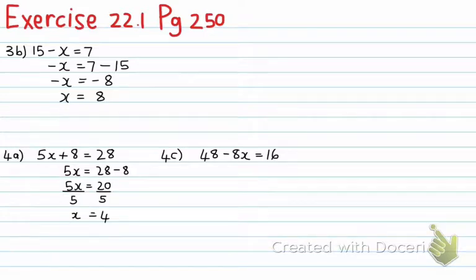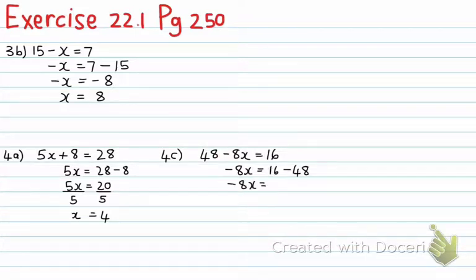All right. For c, I have 48 minus 8x is equal to 16. Now remember, I want to get the term with the x alone. Therefore, I keep that negative 8x on the left-hand side. And now this positive 48 goes to the right-hand side, but it becomes a negative.